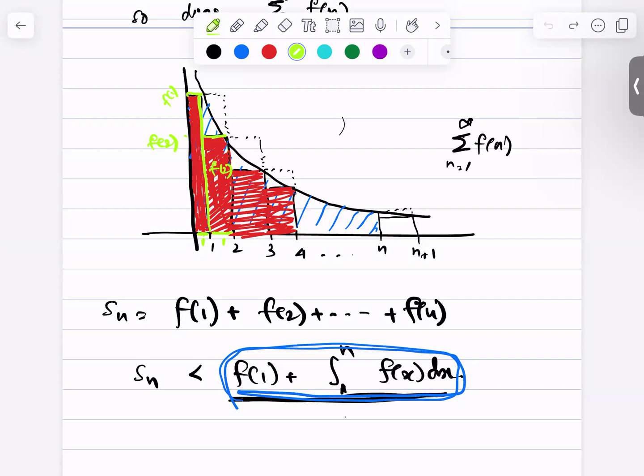So therefore things are in sync. So every time I'm getting this portion extra when I'm considering this right sum. So therefore the inequality is actually making sense.